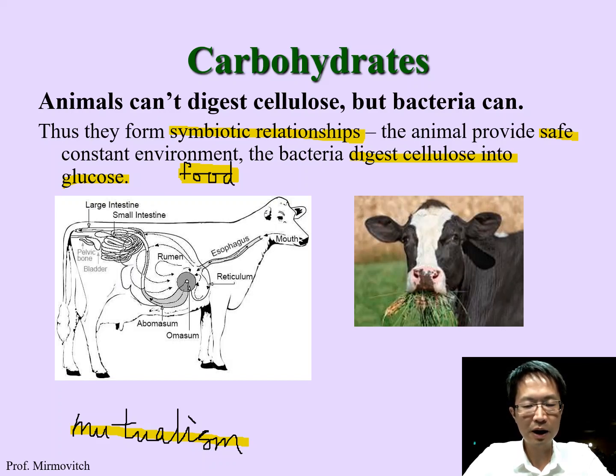So one is minus, one is plus. But mutualism is a win-win situation, so it's a plus. The host or the animal has advantage, and the bacteria also gain advantage.